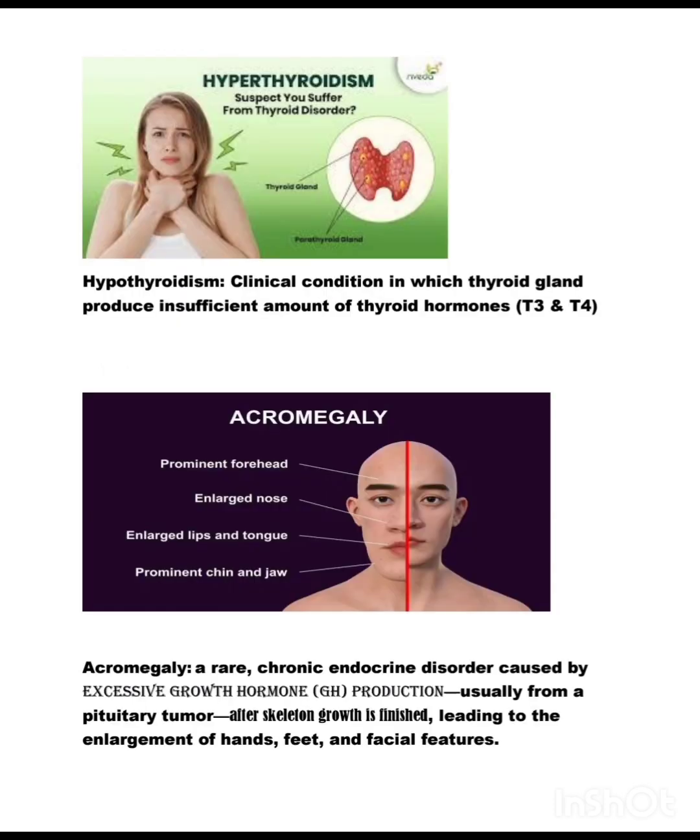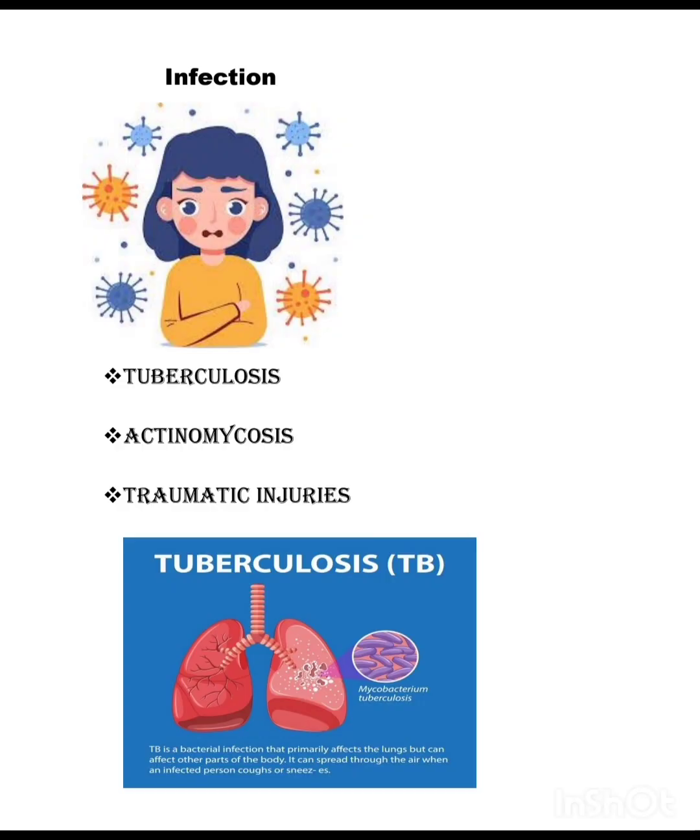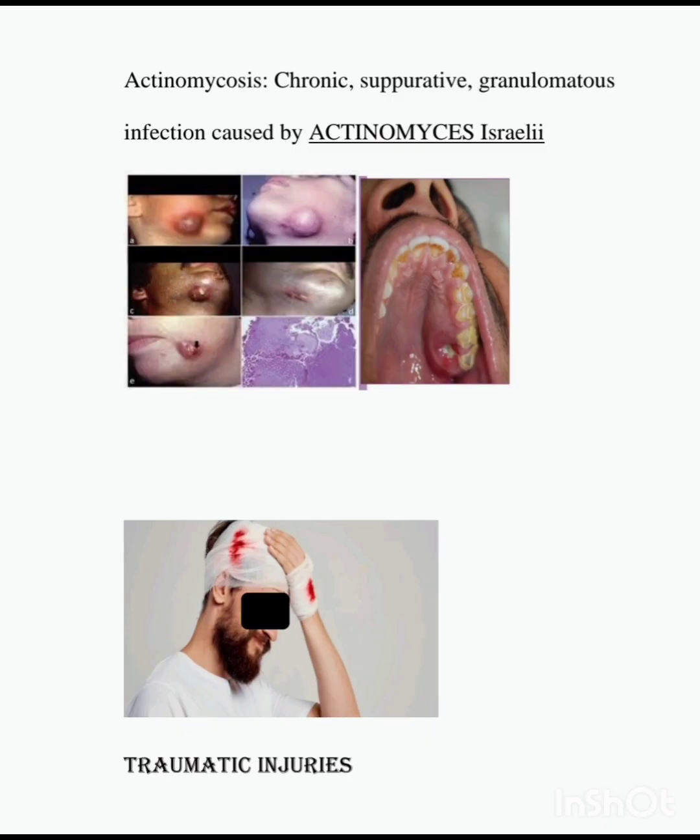First of all, we will discuss endocrine disorders such as hypothyroidism, acromegaly, pituitary gigantism, and myxedema. Next, we will discuss infections and neoplasms. Infections such as tuberculosis, actinomycosis, and infections associated with traumatic injury can cause true macroglossia.